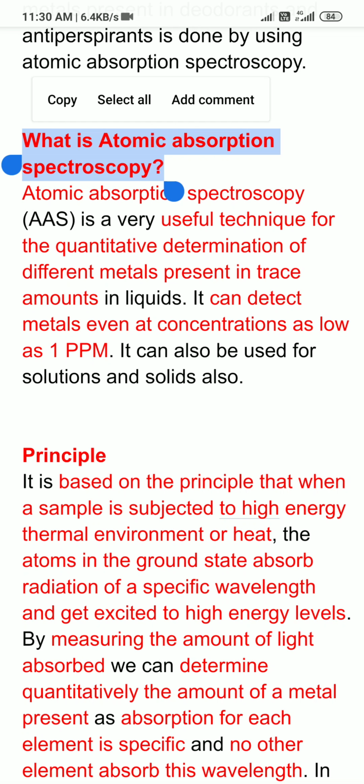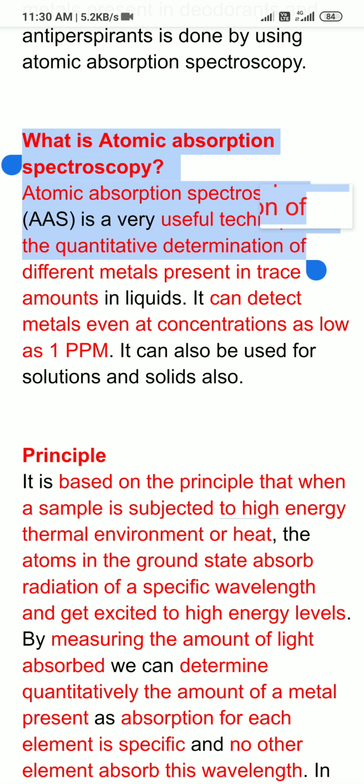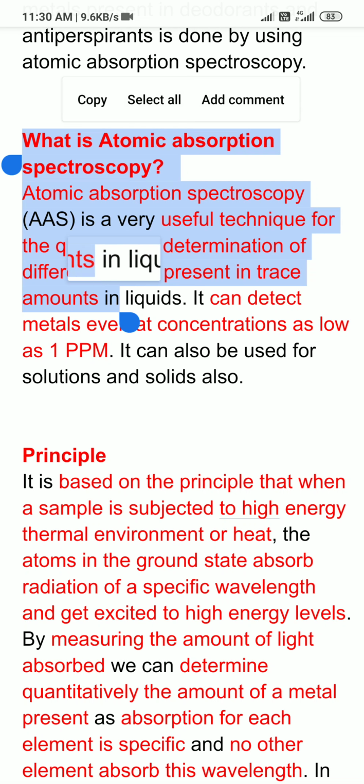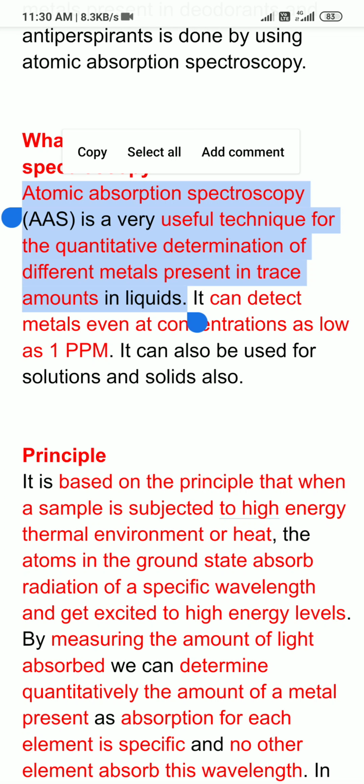Now what is atomic absorption spectroscopy? Atomic absorption spectroscopy is a very useful technique for the quantitative determination of different metals present in trace amounts in liquids. Quantitative means we are determining their quantity, in how much amount.